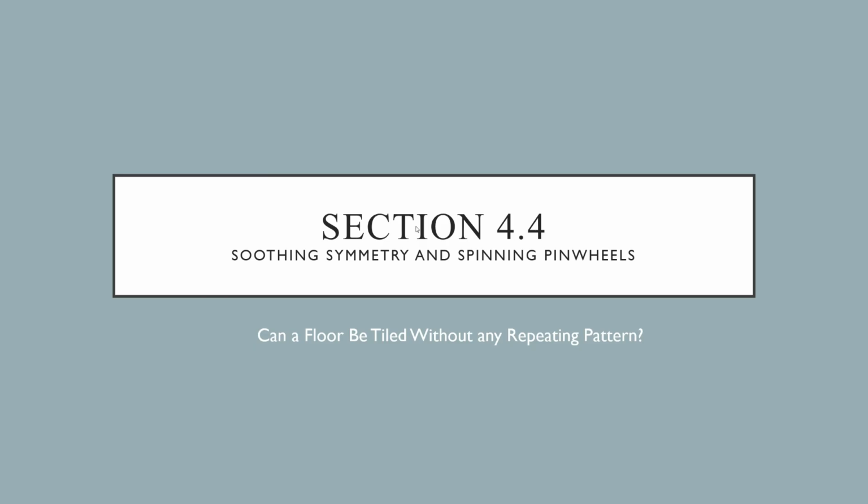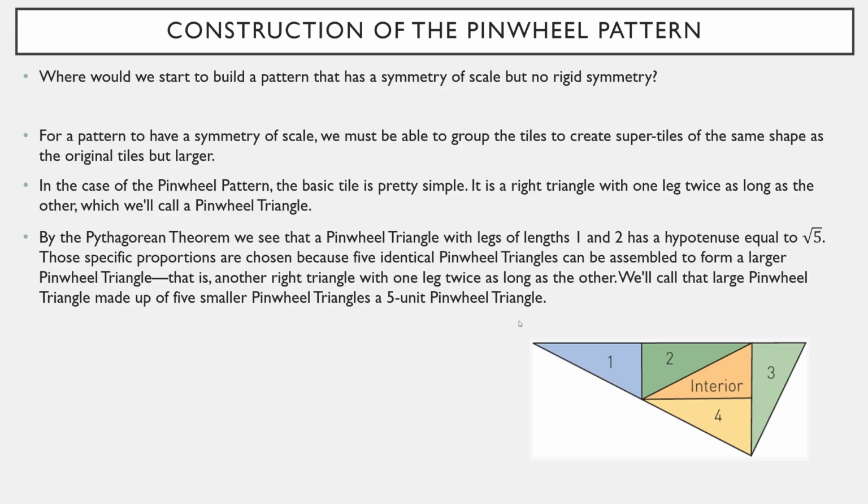So then it goes back to this question. We understand a little bit what the two types of symmetries are. Can a floor be tiled without any repeating pattern? Basically this is the idea of what's called a pinwheel pattern. Where would you start to build a pattern that has a symmetry of scale but no rigid symmetry?